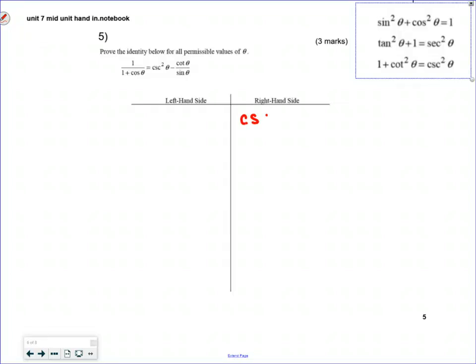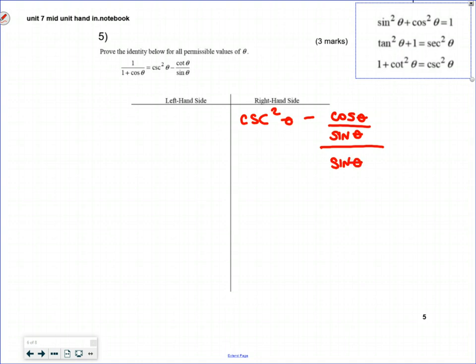So I'm just going to start by rewriting it. And I'm going to change cotangent right now into a form of cosine over sine. Okay, that's cotangent, but that's over sine still, right? So I grab a half a mark for that substitution.